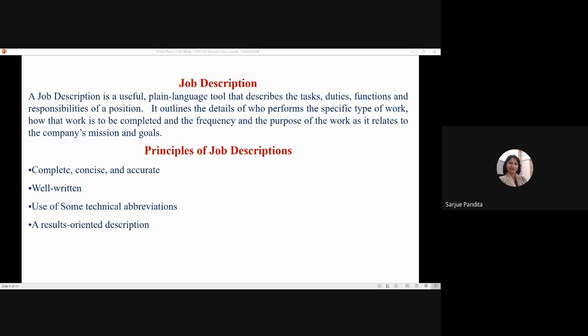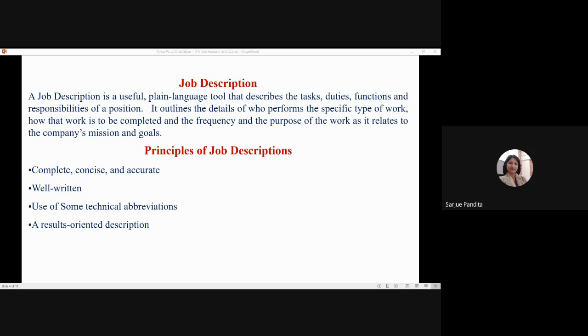Then a result oriented description. While writing a job description, it should explain why functions are performed and allow one to more effectively manage the objectives of the position. That means when the JD is being written, employees should be able to understand the objectives which are related to the position and what is being expected out of their performance.